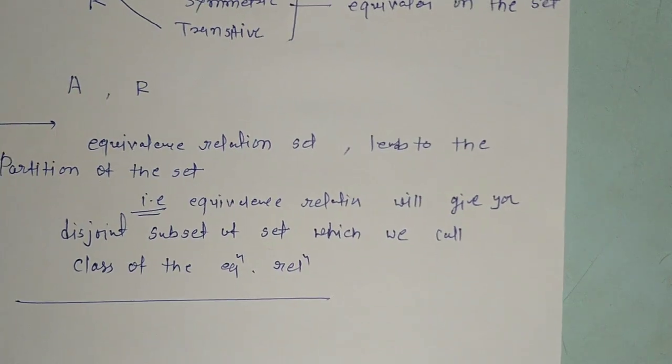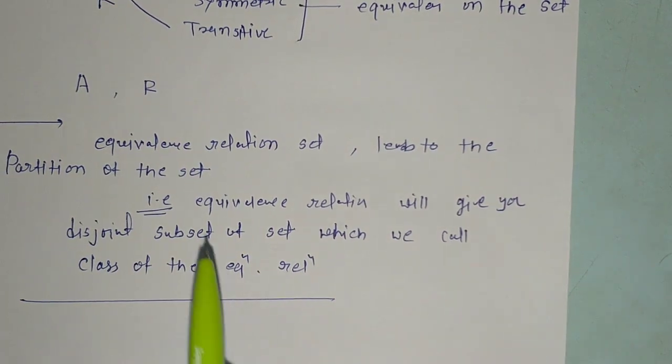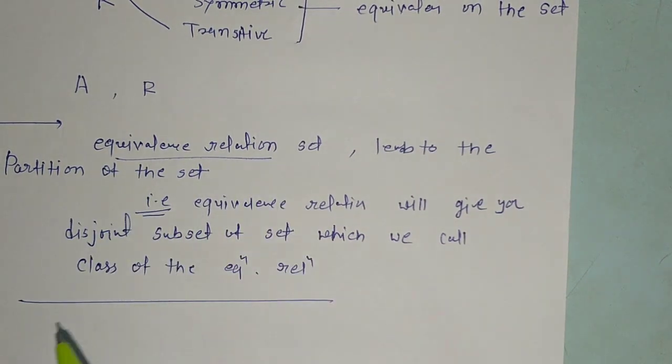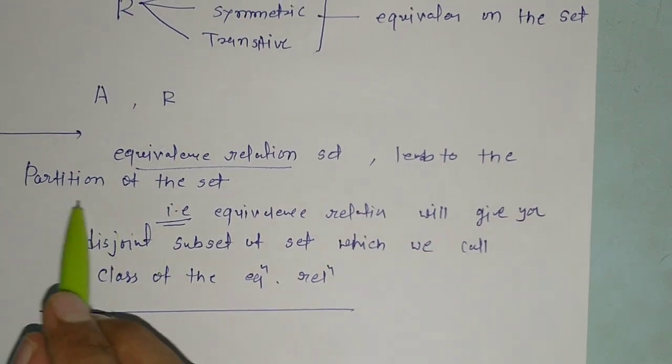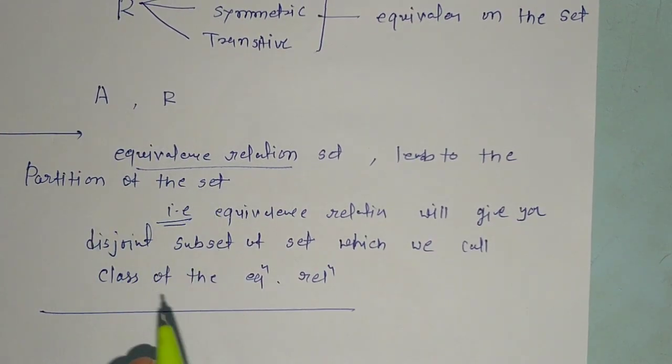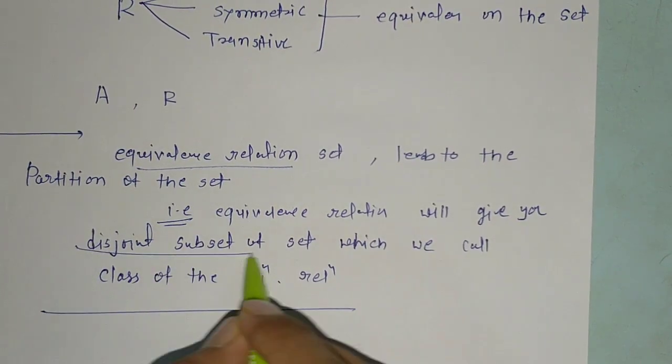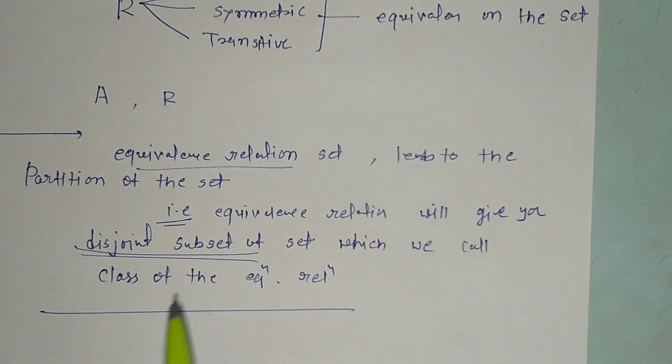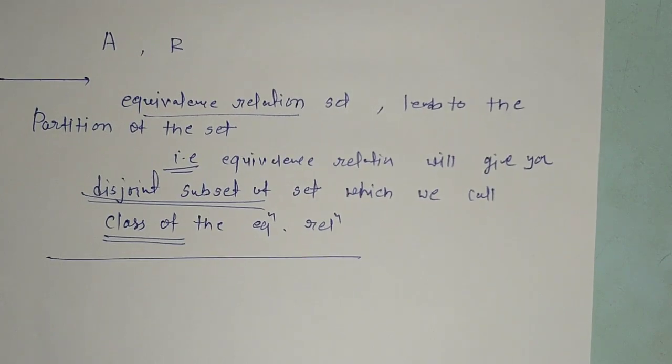What it means to say is, if a relation is an equivalence relation, then it further leads to the partition of the set. It means it breaks the set into disjoint subsets, and that particular disjoint subset we are calling the class of the equivalence relation.